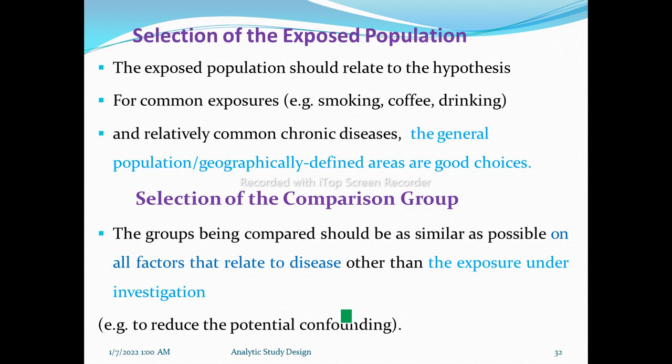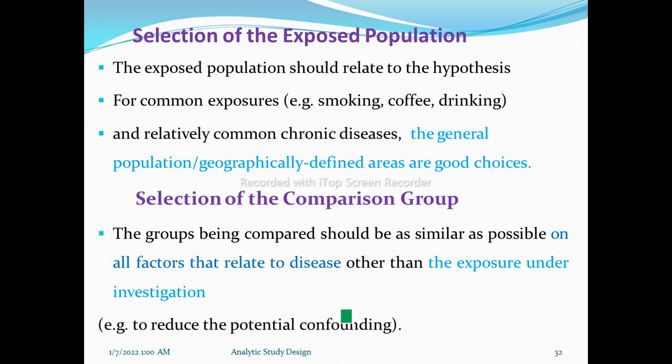Selection of the exposed population. The exposed population should relate to the hypothesis. For example, for common exposures like smoking, coffee, or drinking, the exposure is smoker or non-smoker, coffee drinker or not, and alcohol drinking or not.